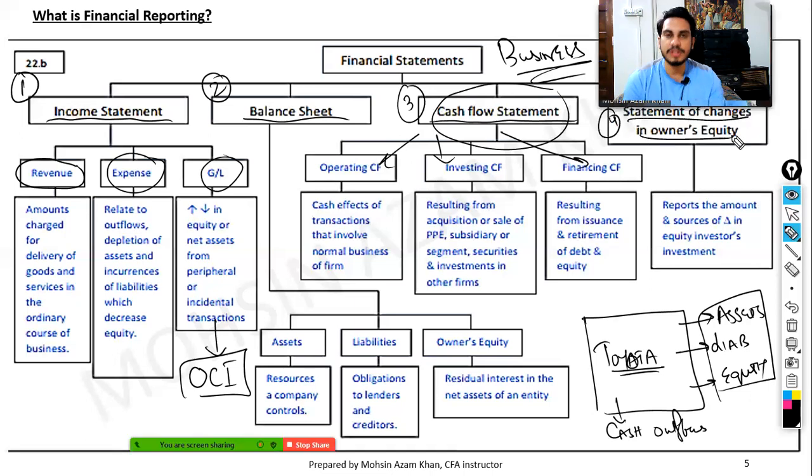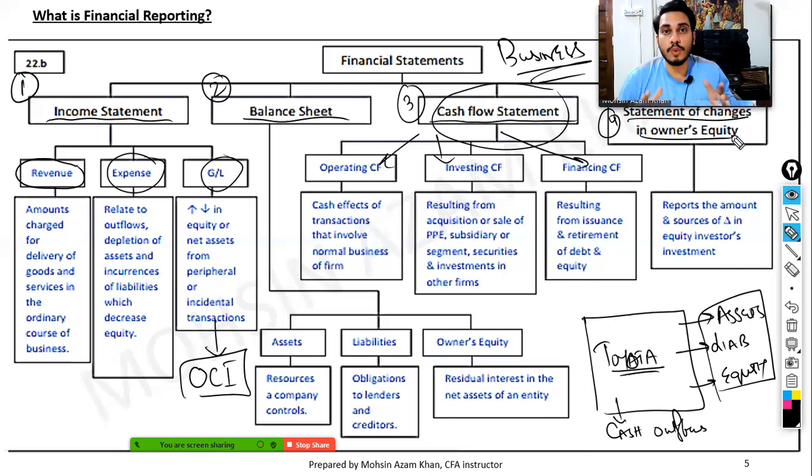Statement of changes in equity. Let's suppose you are the owner, you are a shareholder of Toyota Corporation. You have a certain portion of shares in Toyota Corporation, and you are concerned how the book value of your equity has changed. Let's suppose at the start of the year, your equity was amounting to 50,000.